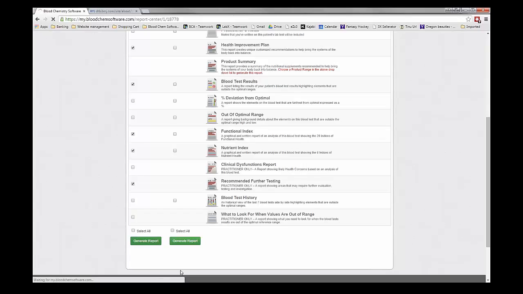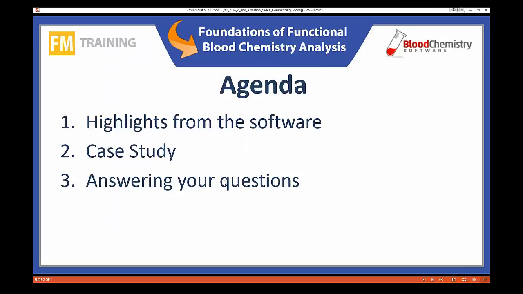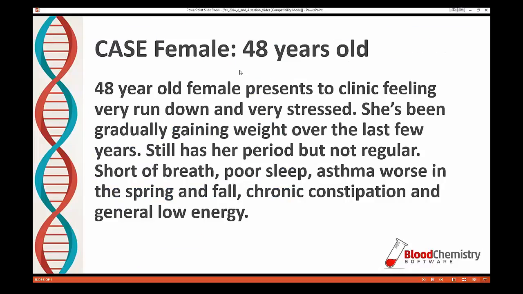So while that's being pulled up, I want to go back and look at this case. We have a 48-year-old female. She presents to clinic feeling very run down and very stressed. She has a very stressful lifestyle. She works at a bank, and reported that within the last 2 or 3 months there's been some change in personnel, and not only is she working longer hours, but the new manager is expecting more productivity, and so she's really been feeling it.